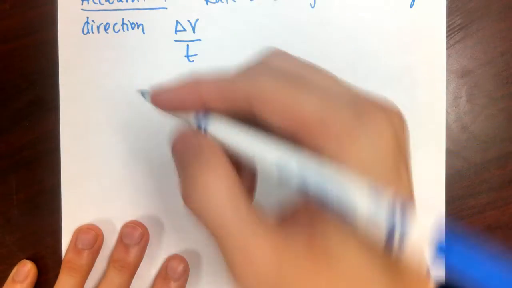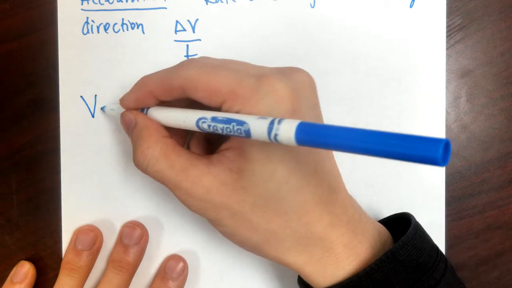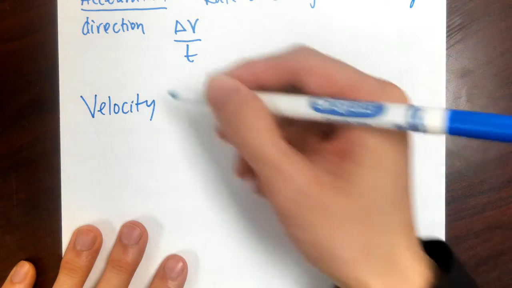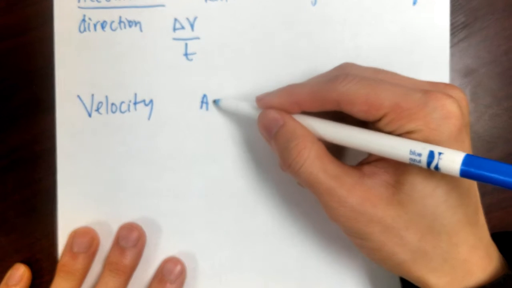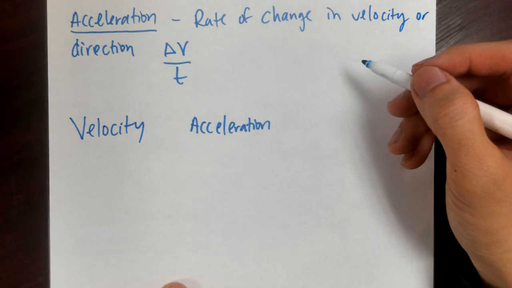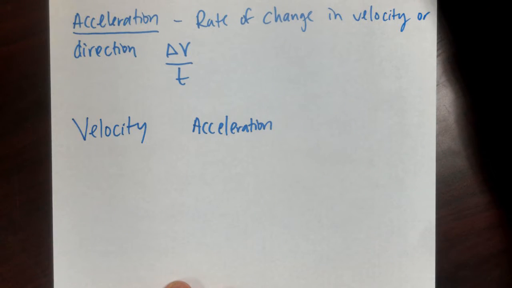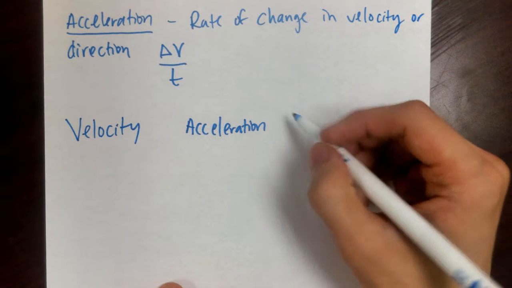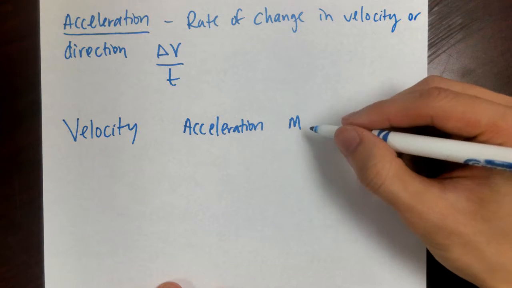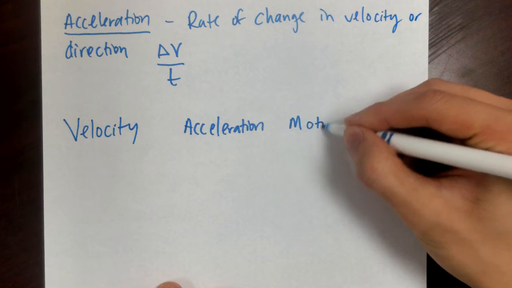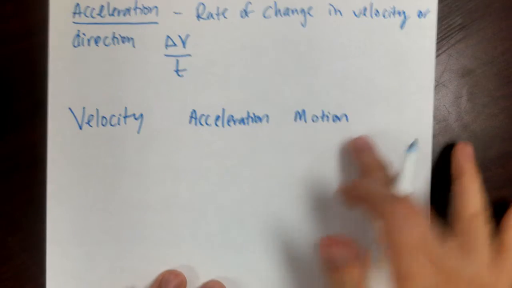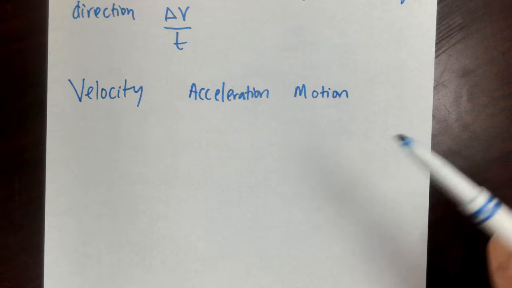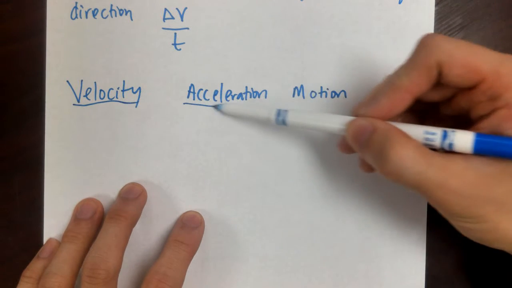I'm going to write several columns: velocity, acceleration, motion. Try to make motion the biggest column because I'm going to draw a picture for it. I love pictures.